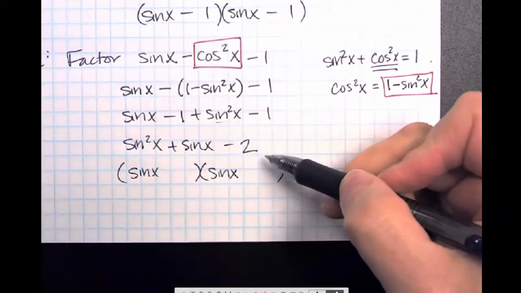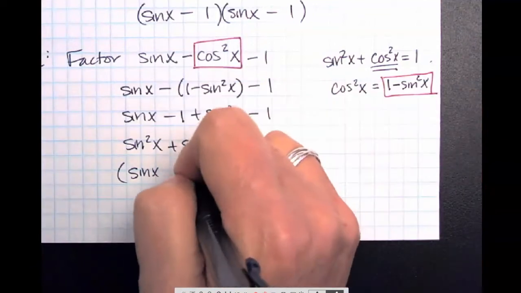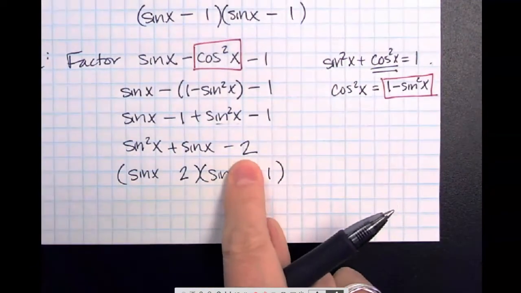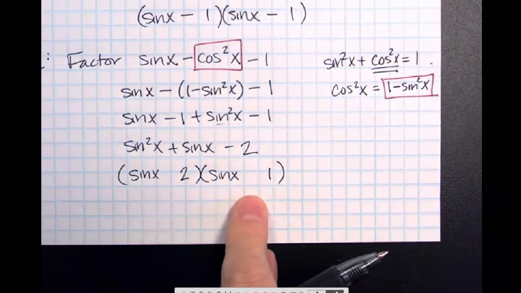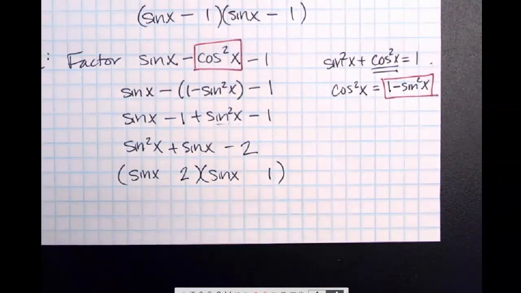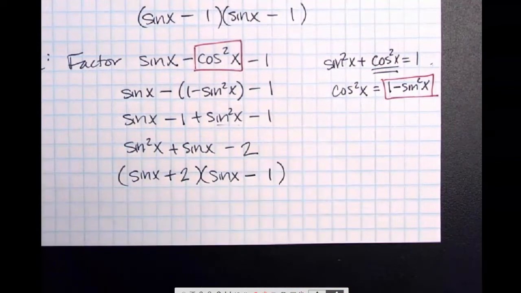What two things do I multiply to get 2? 2 and 1. If this is a negative 2, one of these has to be plus and one has to be minus, right? Which one goes where? Plus here, minus here. Someone explain how you got that.